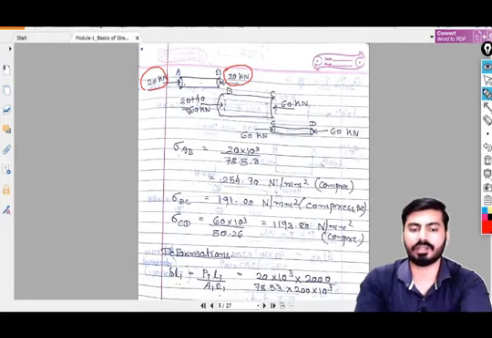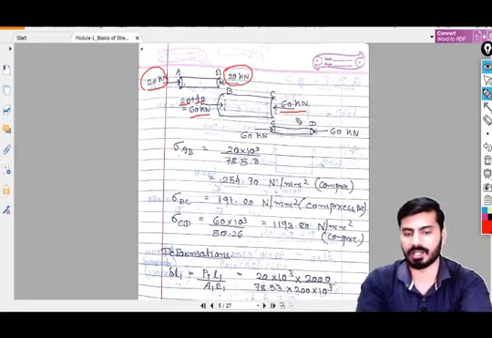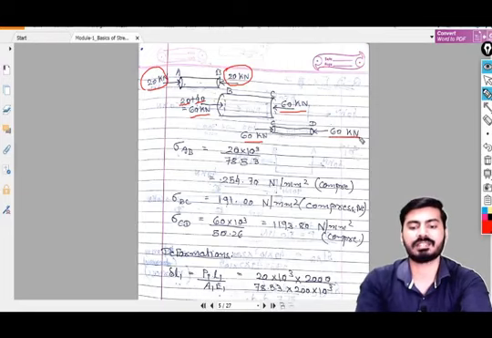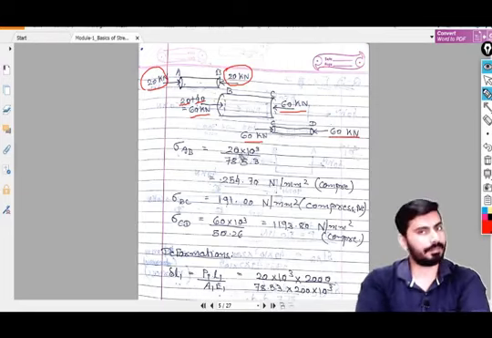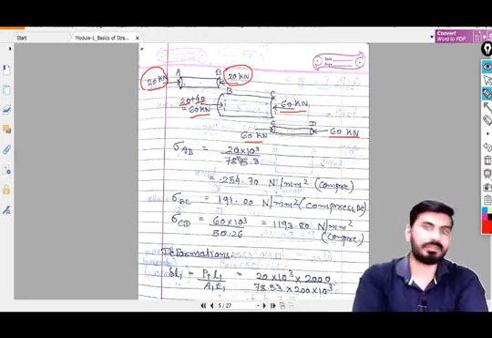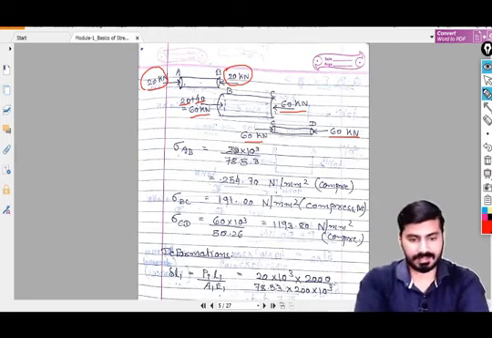Now this 20 kilonewton is again balanced over here, and 40 kilonewton is taken from the left side. So the final answer comes out to be 60, and 60 is balanced over here. So 60 is again nullified on this surface. There was no other left force, and that's why it is balanced like this. So basically we have each and every force from the previous method that I have already discussed.